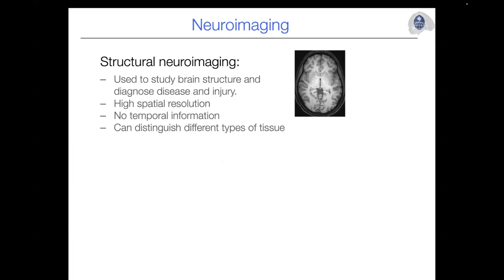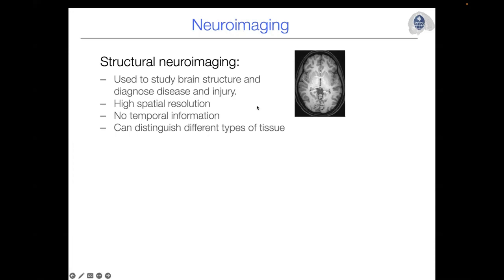When we talk about structural neuroimaging, we usually have a single snapshot of the brain, and we can use this to study the brain structure and diagnose disease or injury. For example, if you've been in an accident or a doctor believes you've had a stroke, you might get a structural image, and then you could look for damage or irregularities in the brain.